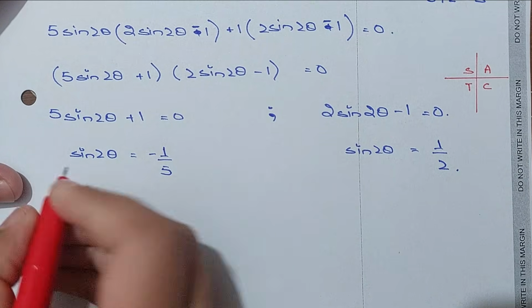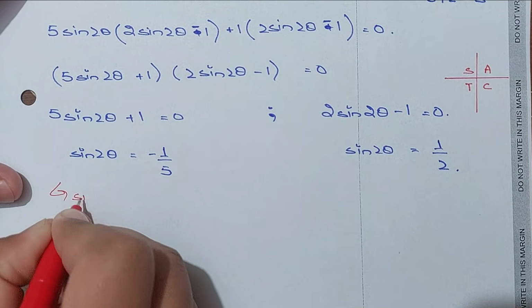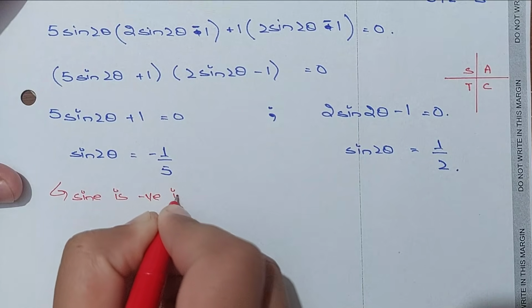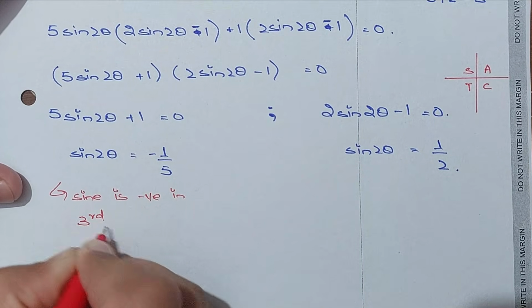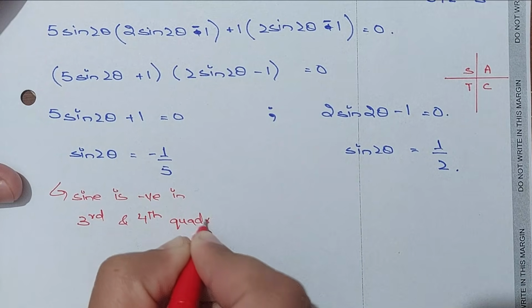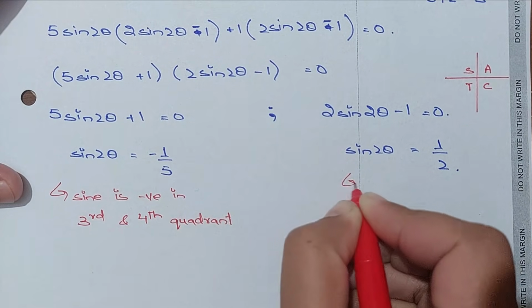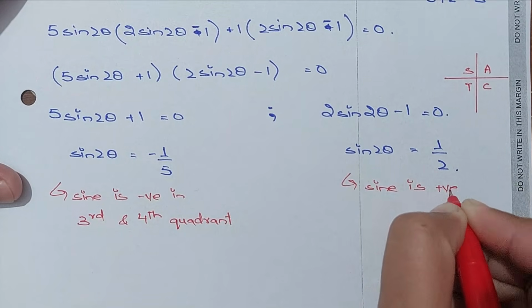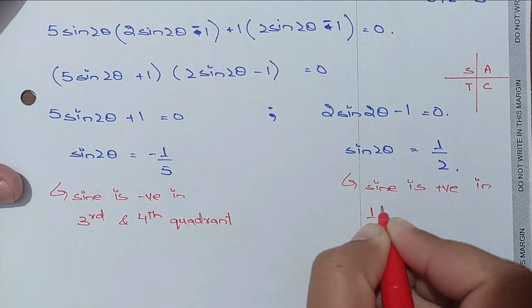So here sine is negative, in the third and fourth quadrant. And here sine is positive, so we can say it is in the first and second quadrant.